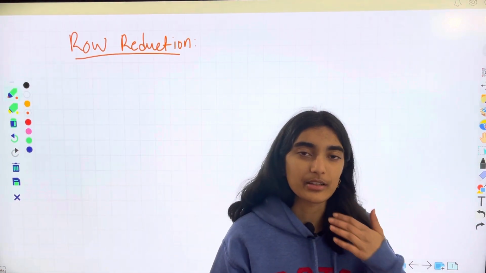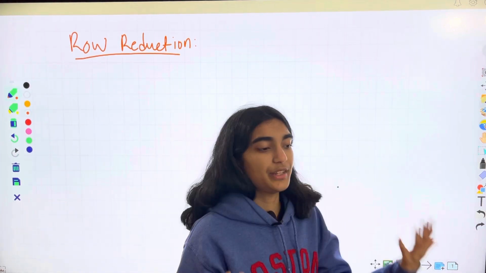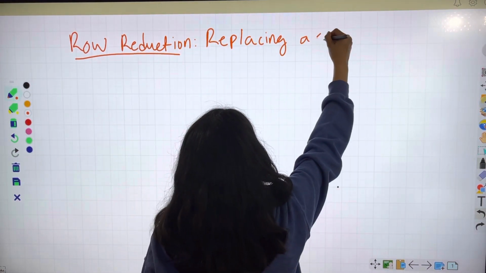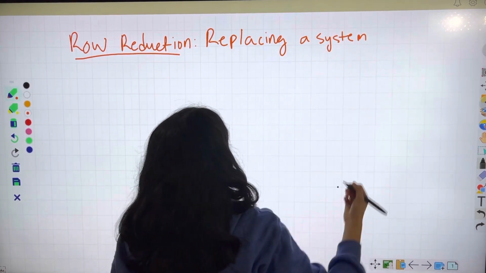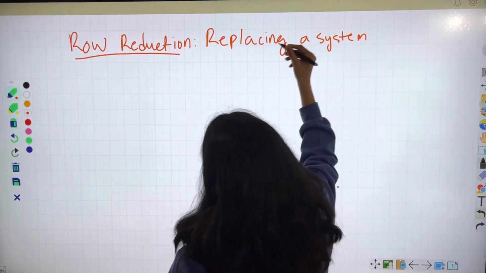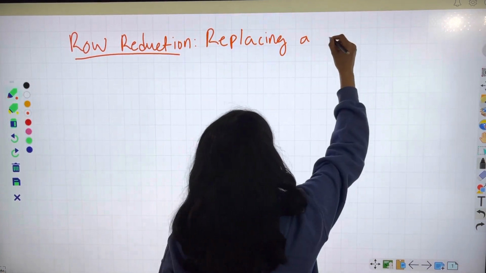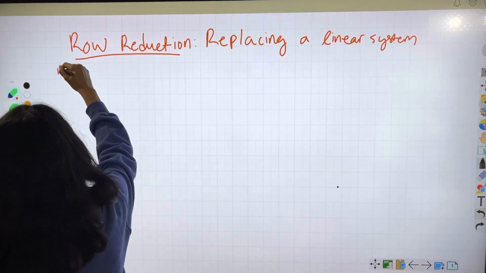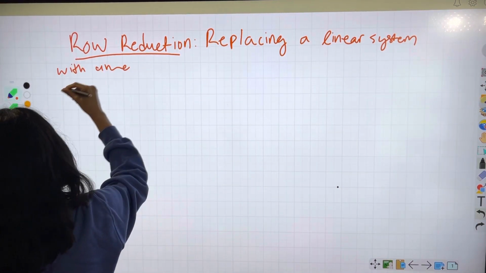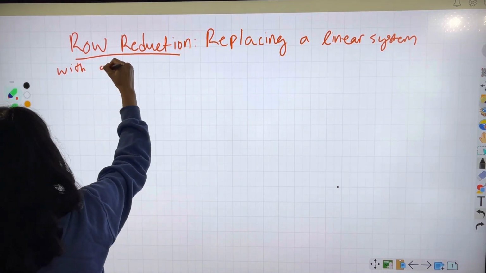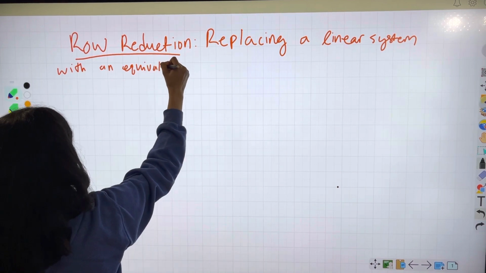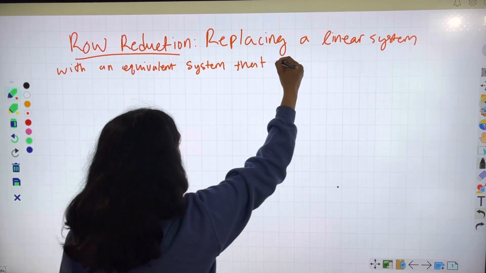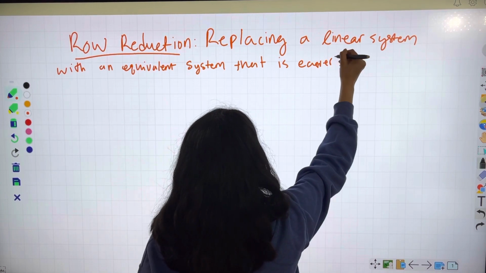So this might all be confusing to you because we haven't really seen an example yet, but the idea is that we are replacing a linear system, which is just a collection of linear equations, with an equivalent system that is very easy to solve.